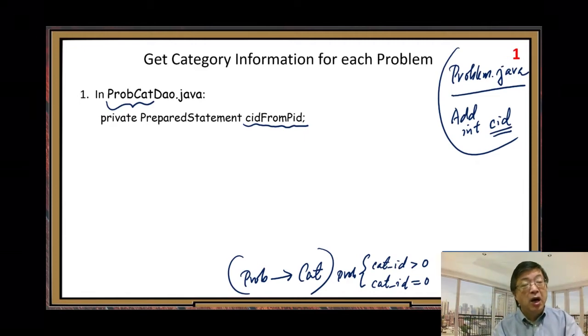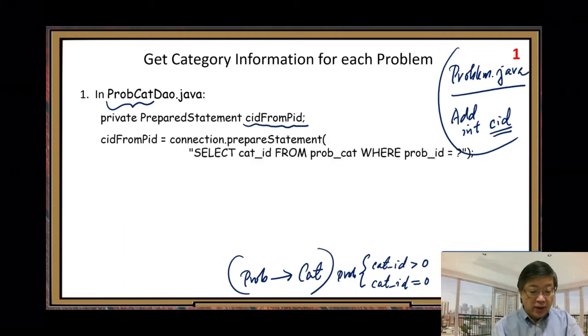If there is a valid category ID that corresponds to this problem ID, we want to see that. So this query method helps us to do that. So look at the query statement here. Select. Now we are in this table.